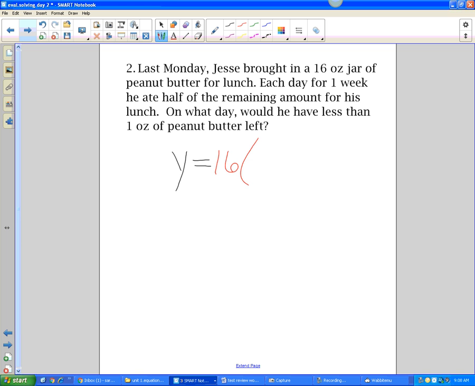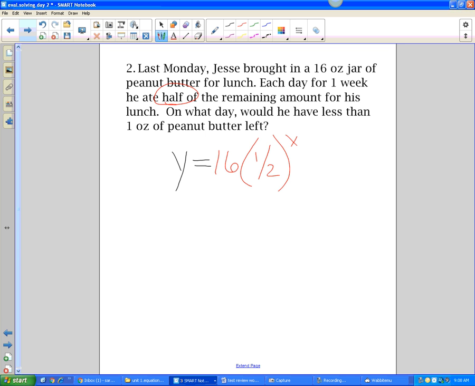How much of the peanut butter is he eating? Half, okay? So, guys, you could do 1 minus 0.5, you'd get the same answer, or you can just put in a half. Whenever it's going down by half, you could just put in a half. That would work too, okay? To the x. So he's eating half every day. So that's my y equals rule, okay?